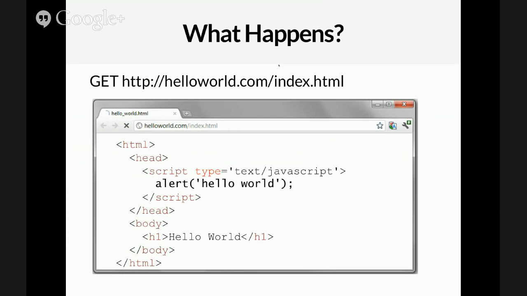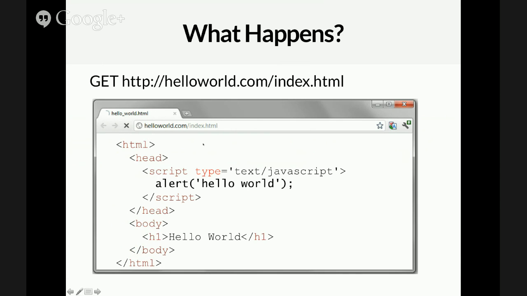Okay, so a little bit to kind of understand this breakup of how things work inside of a browser, I like to start with considering what happens if a user were to go to a site that's going to return this as the HTML content.